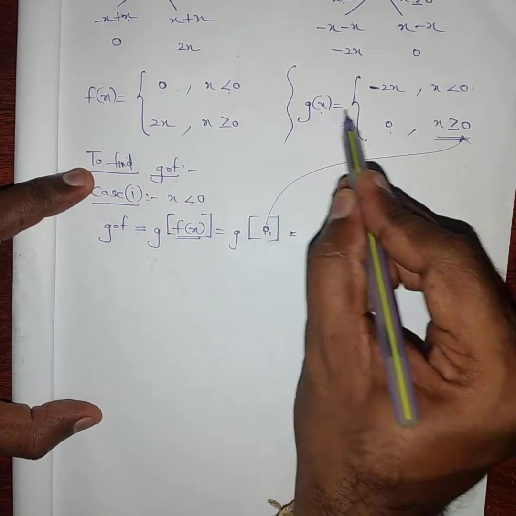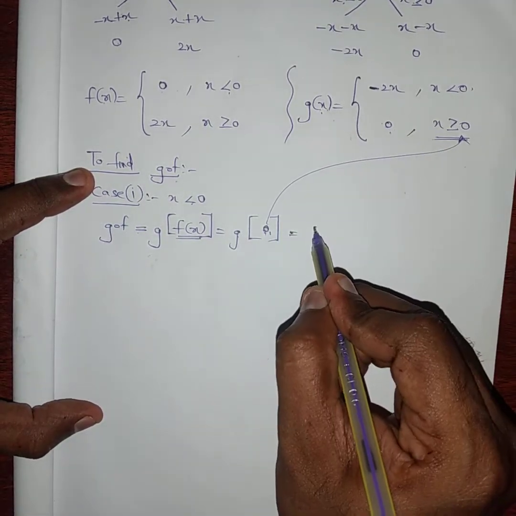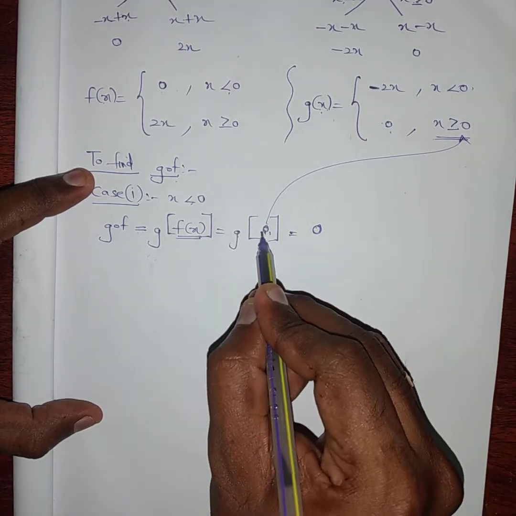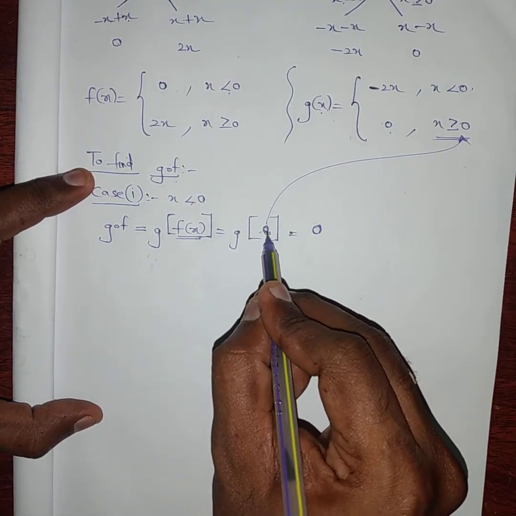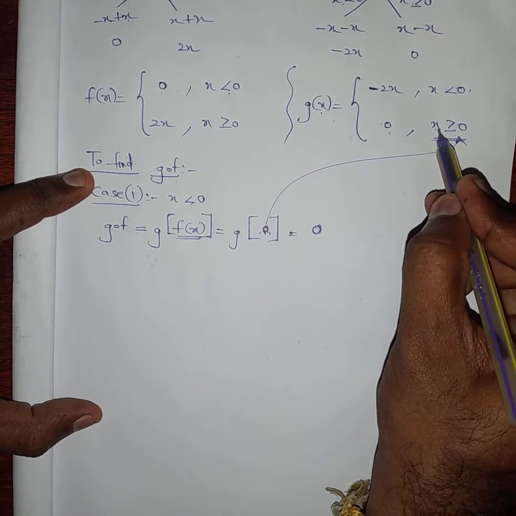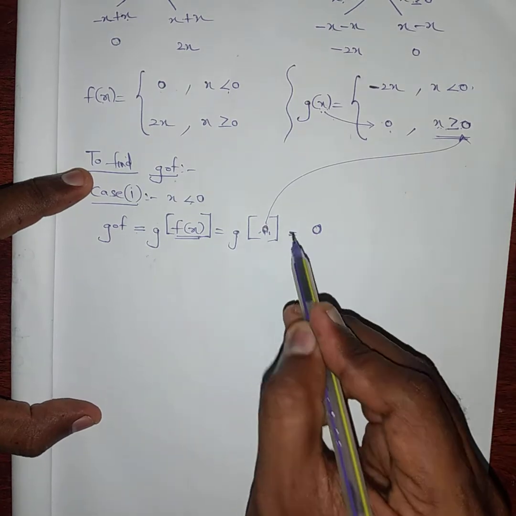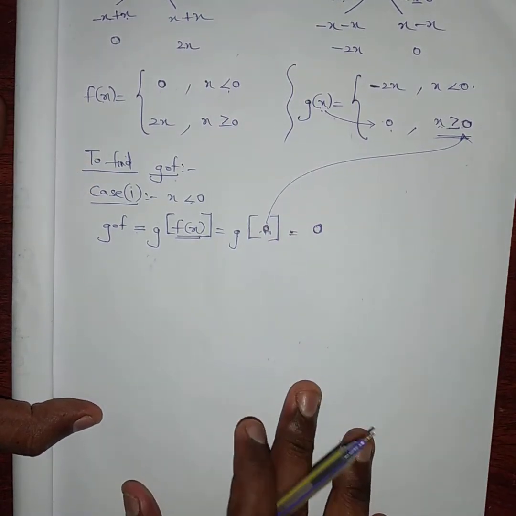What is the function value? G of x is 0, so I can write straightaway 0.